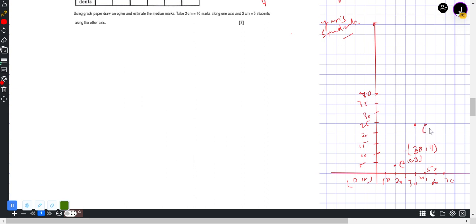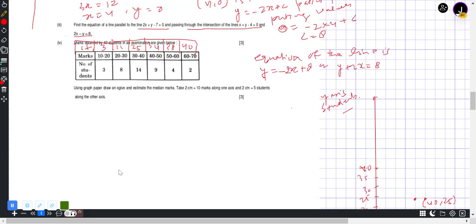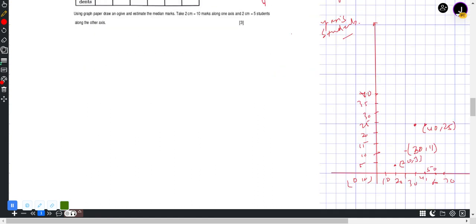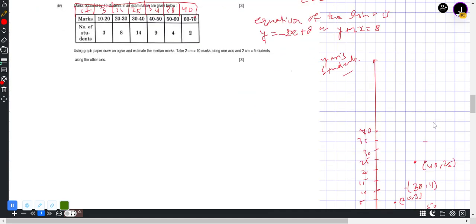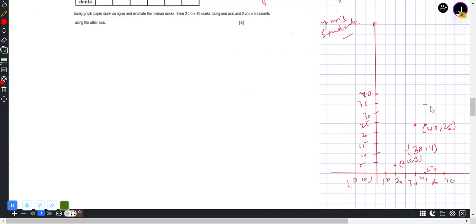So this is 40, 25. Then we have 50, 34. This is 30, this is 40, this is 50, and 50 is 34, slightly below 35.